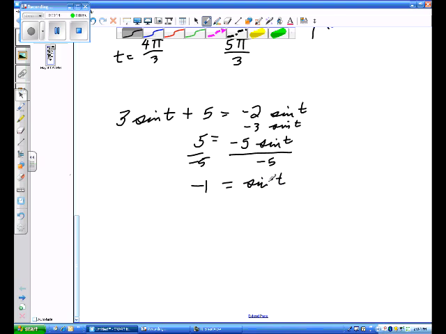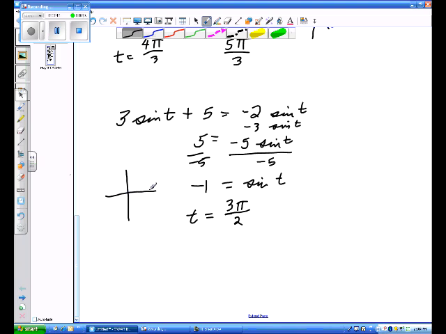So what we're looking for is what angle has a sine of negative 1. Well, we know that the sine is 1 on the y-axis. At pi over 2, or 90 degrees, it's positive 1, and at 3 pi over 2, it's negative 1. Since that's the only choice we have, it's going to be at 3 pi over 2, or our 270.